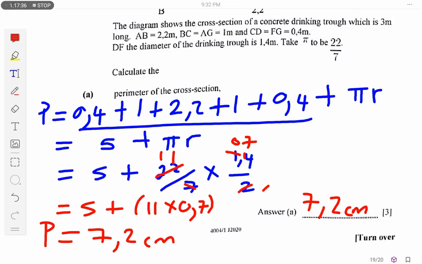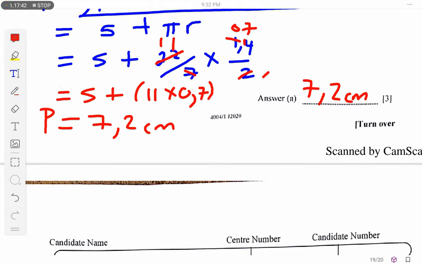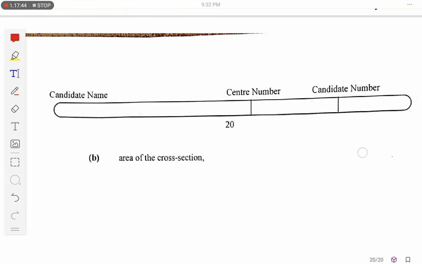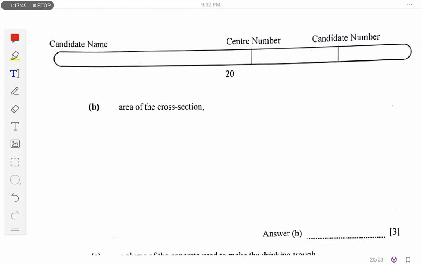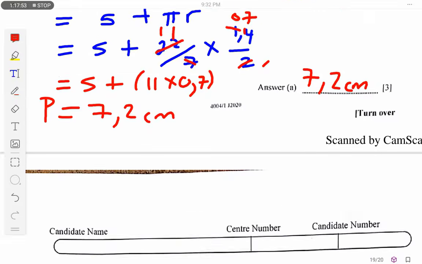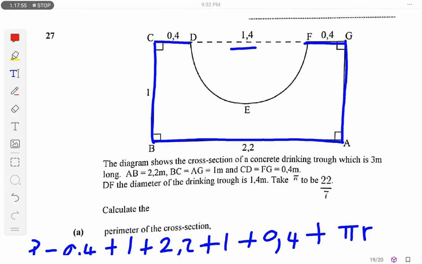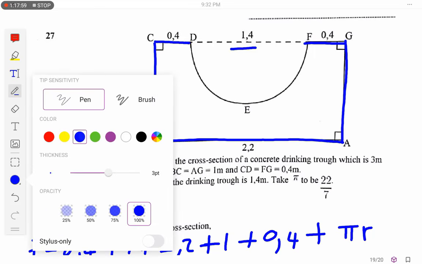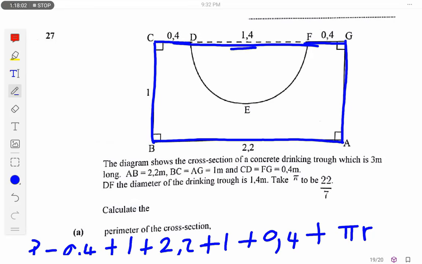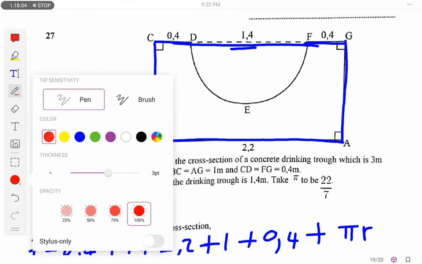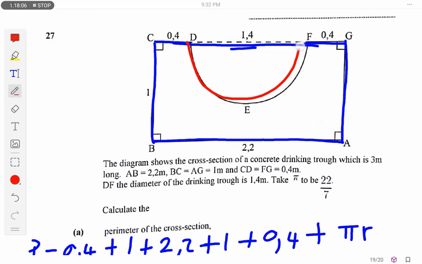Okay, let's do the next part of the question. They are saying to find the area of the cross section. So for the area of the cross section, you find out we have, I'm going to draw here in blue, a rectangle there, and we also have a half circle, a semicircle there.